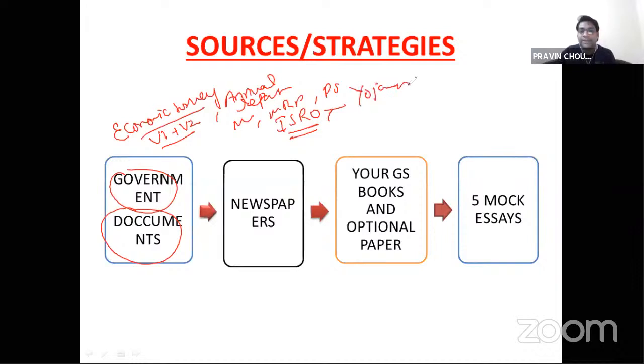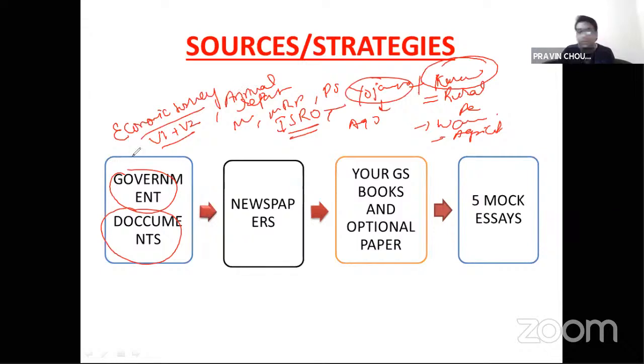Yojana and Kurukshetra magazines you are reading. Yojana will give you some highlighting points regarding agriculture, burning issues like inclusive growth, climate change, education, budget issues. Then Kurukshetra will give you more about rural development, inclusive growth, financial inclusion, women empowerment, and the agriculture issues of our country. Reading Kurukshetra, Yojana, the Economic Survey and annual reports of the government will help you.